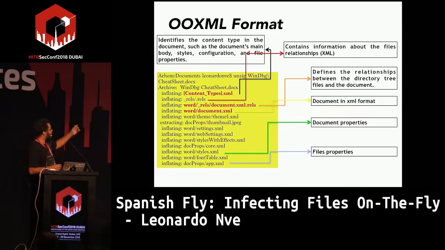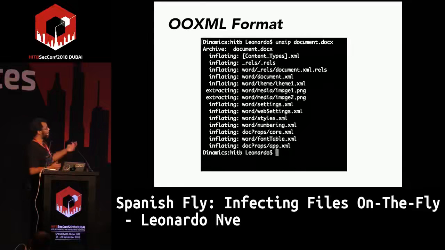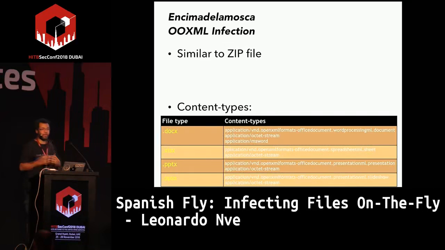You also can find image files or OLE objects. You can directly unzip a document file, and inside you are going to see those files. So in fact, an Office document file is similar to a zip file.